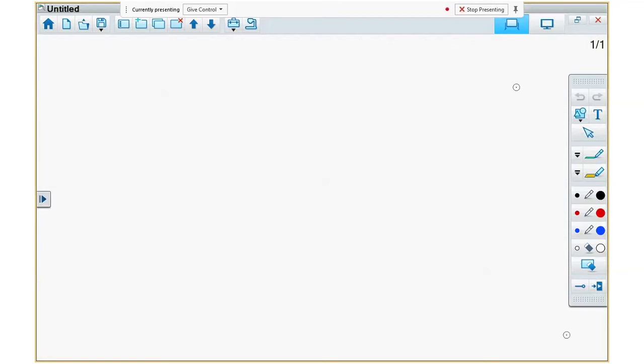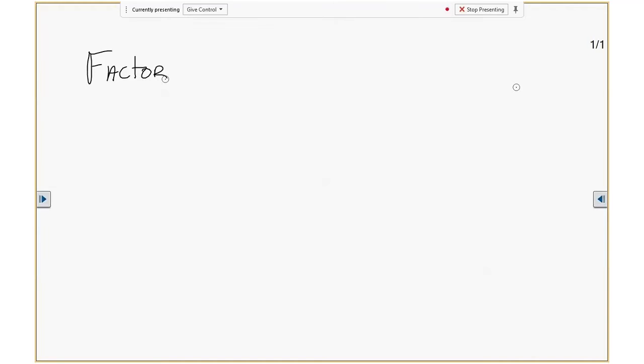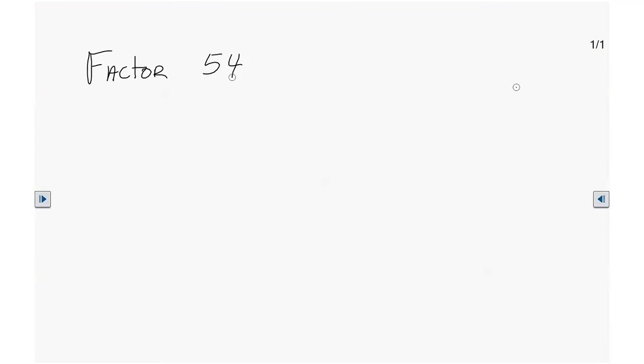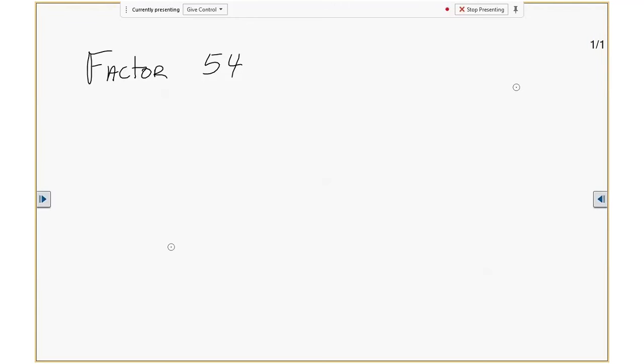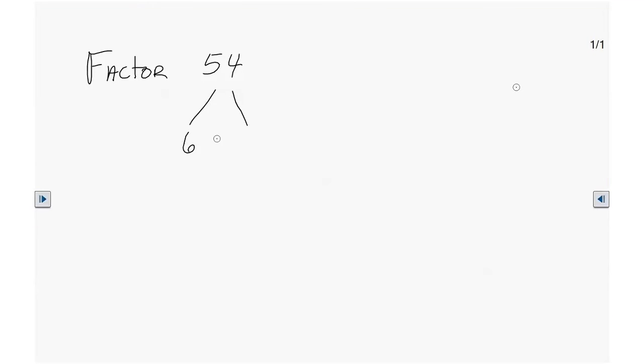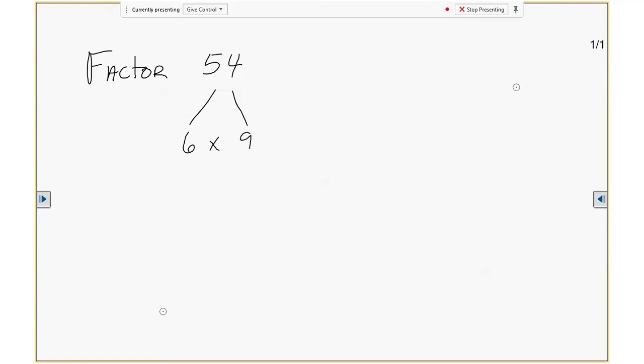Well, if you factor 54, 90% of you will say 6 times 9. Of course, there'll be a guy in the back in the corner going, didn't I 27? But most people will go 6 times 9. You have just factored. Factoring is breaking up a term into its what? Starts with F. Factors.